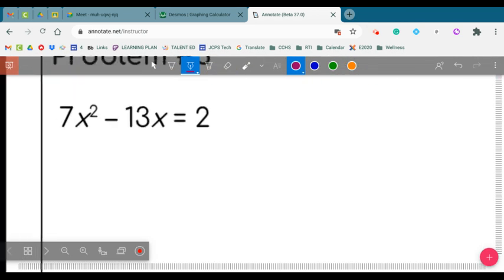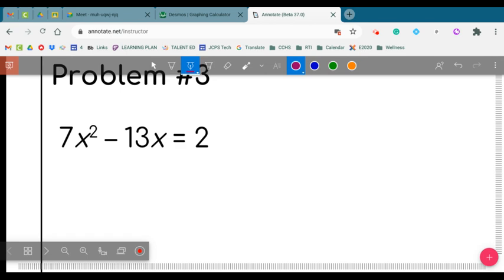For number 1, first, our a value is not 1. Second, our 2 is on the other side. So let's start by moving the 2. So we get 7x squared minus 13x minus 2.